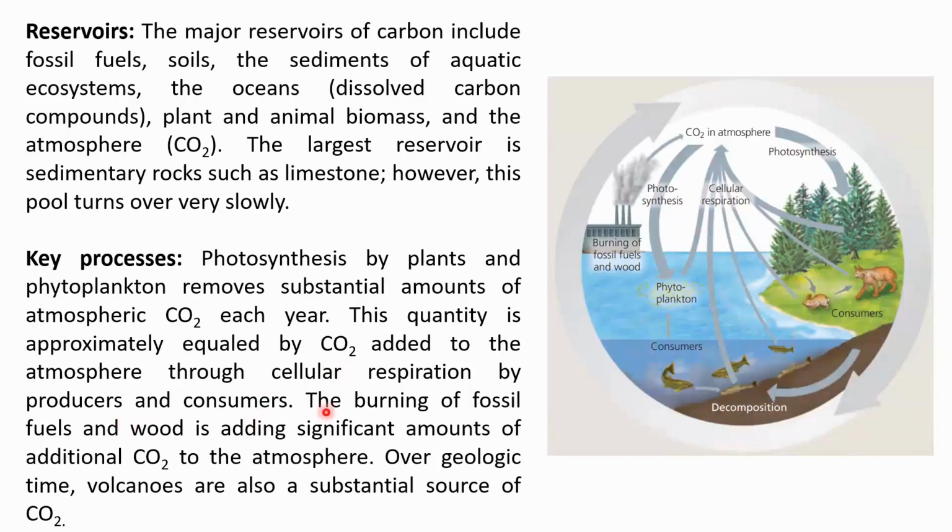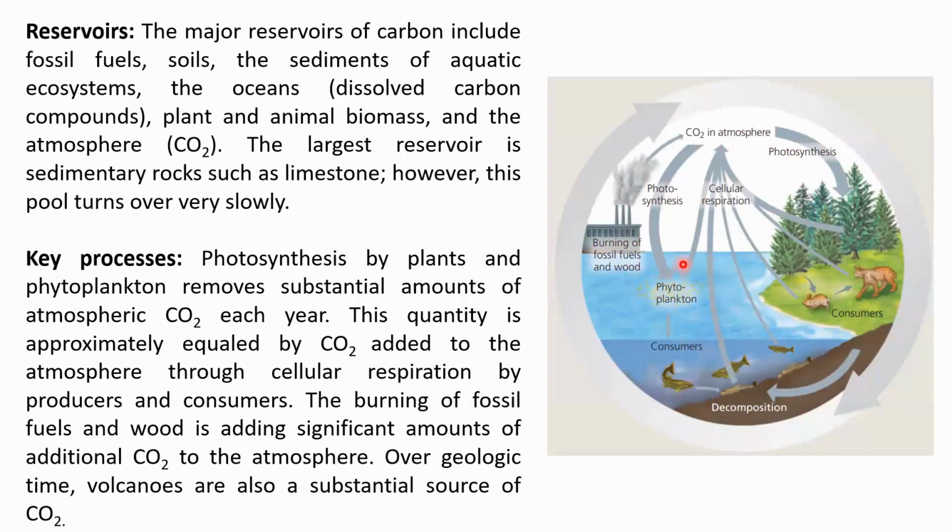The burning of fossil fuels and wood is adding a significant amount of additional carbon dioxide to the atmosphere. Over geological times, volcanoes are also a substantial source of carbon dioxide. So these are different sources of carbon dioxide, and the carbon dioxide present in the atmosphere is assimilated by the plants and the phytoplankton in the process known as photosynthesis.